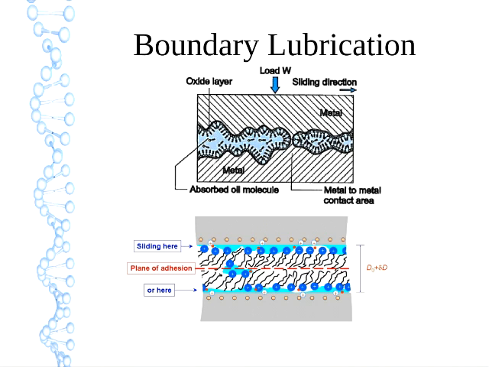But back on subject here to boundary lubrication, you've got the lubricant molecules bonding to the surface, and they keep the surfaces apart barely and prevent the base materials from touching.